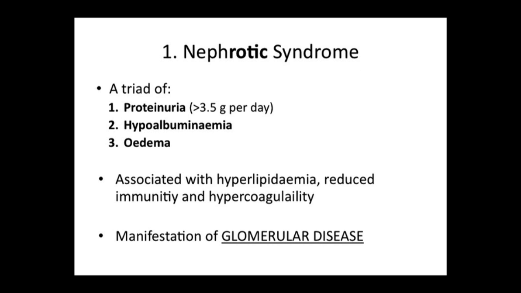And also you lose intrinsic anticoagulants, such as protein C, protein S, antithrombin, things like that. So you actually are hypercoagulable, so things like DVTs are much more common in this group of patients. But the absolutely key thing is edema. And nephrotic syndrome, as you might have guessed, is a manifestation of a problem with the glomerulus.